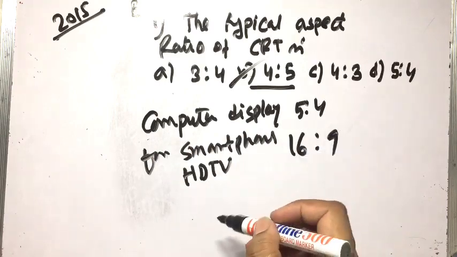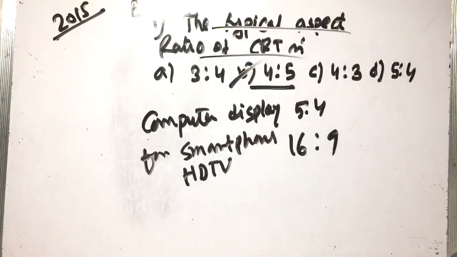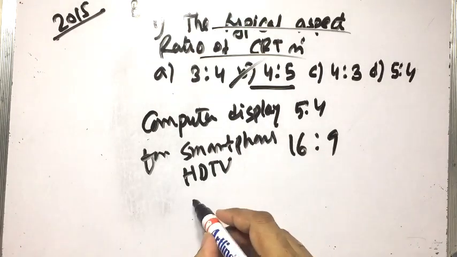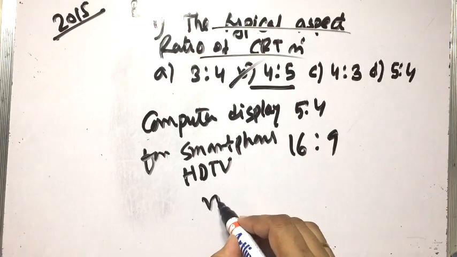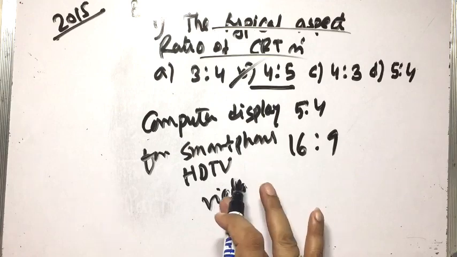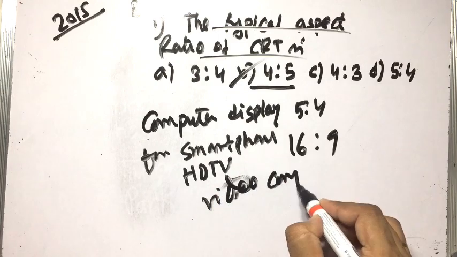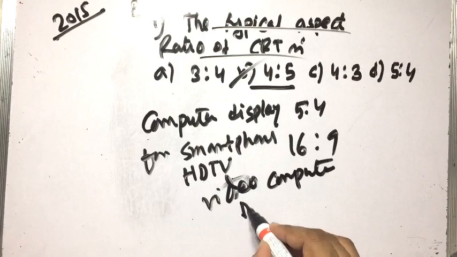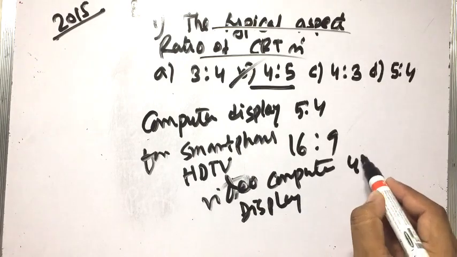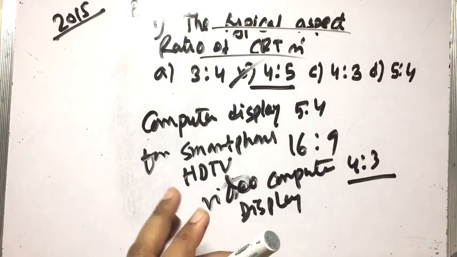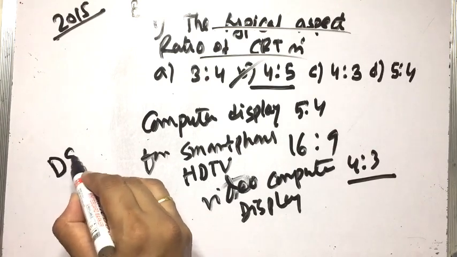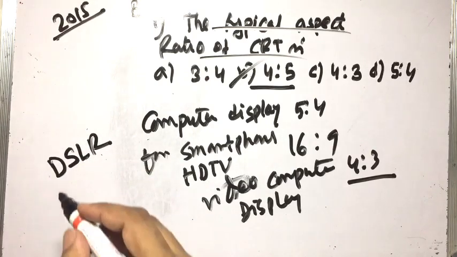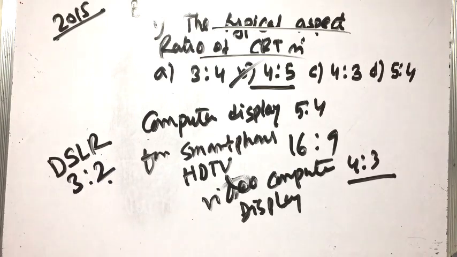Generally, the computer display aspect ratio is 5:4. For video computer display, it is 4:3. For DSLR, it is 3:2. So these are the different aspect ratios of different devices.